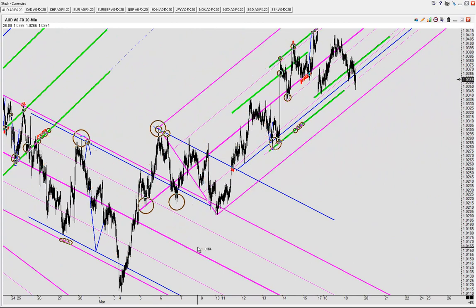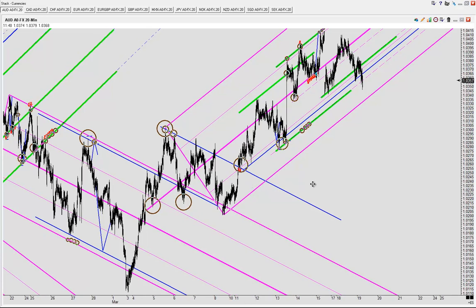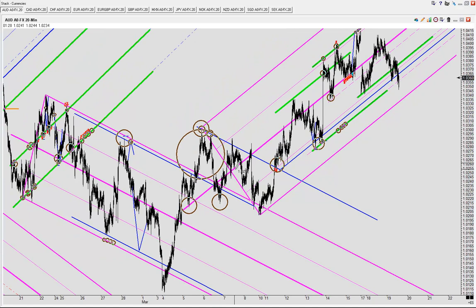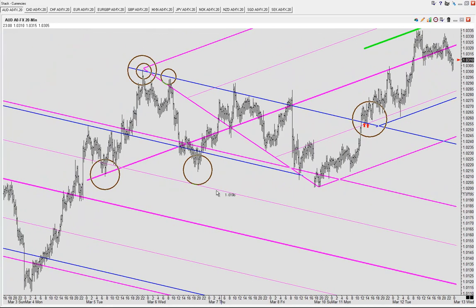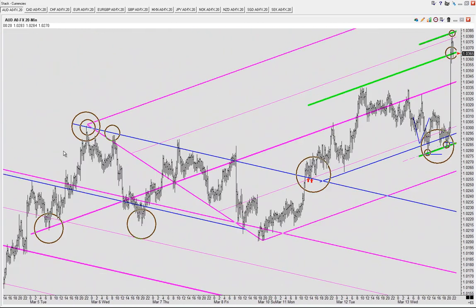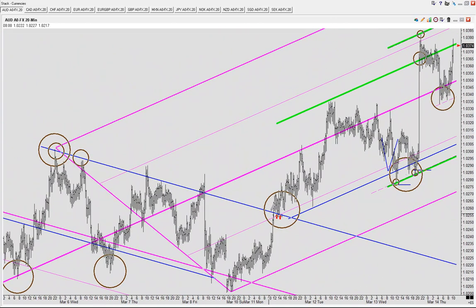In hindsight, it's incredibly obvious to expect that the Australian dollar was rolling to the upside, except it was right there that I posted it. Right there, I said I was expecting a move up in the Australian dollar because of this channel to the downside. If I zoom in on that now, it breached here.